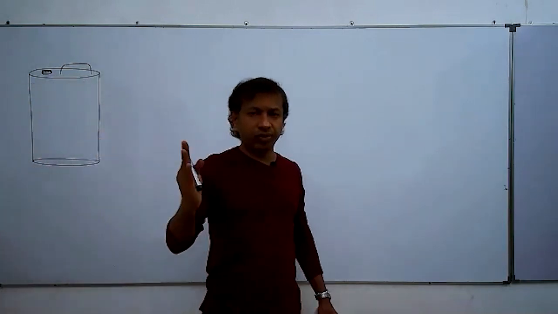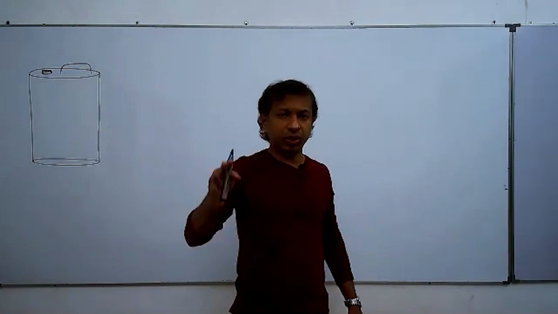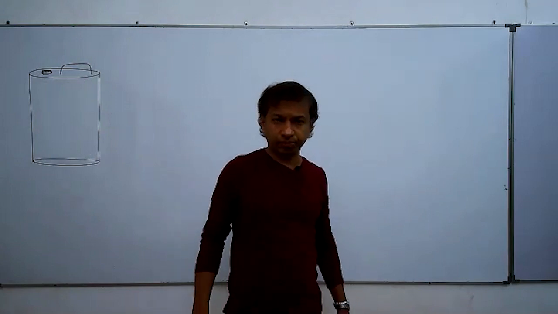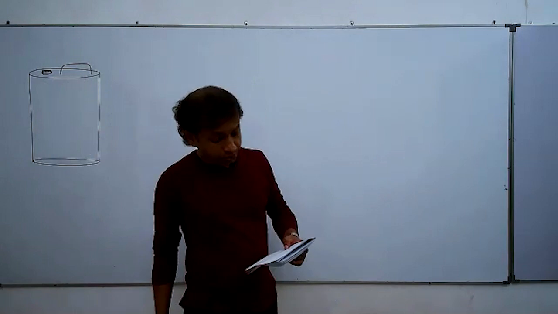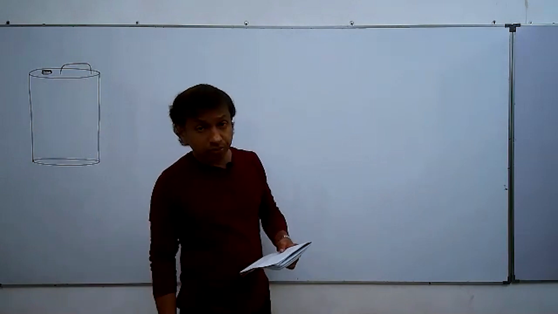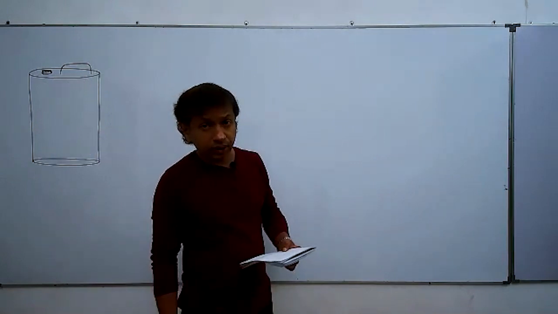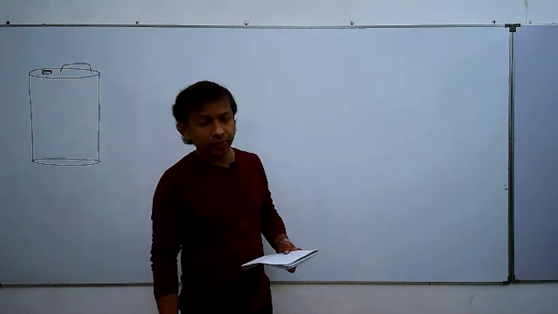The round surface is the cylinder, bottom and top both closed. So now we have to form this can to hold 1 liter of oil.